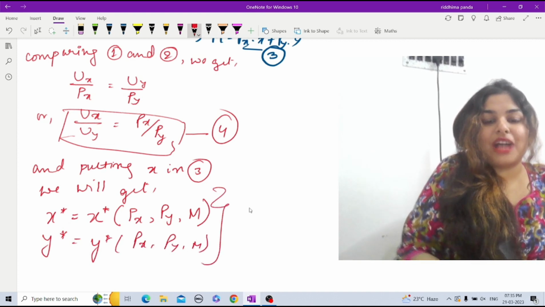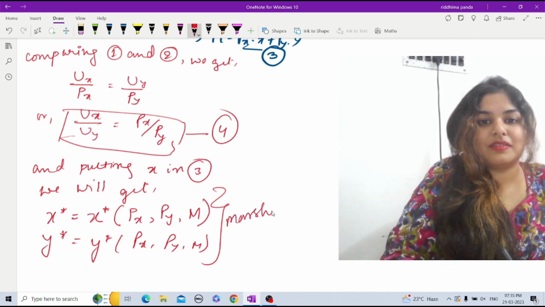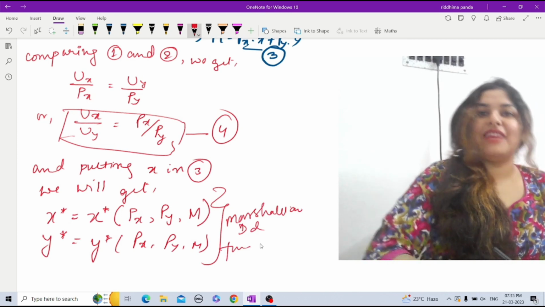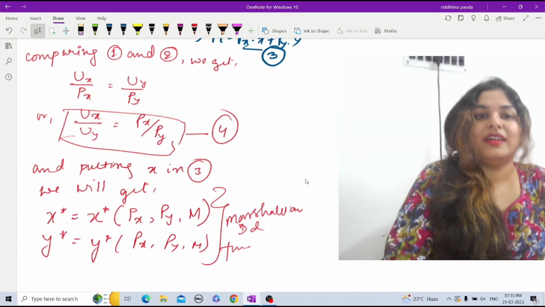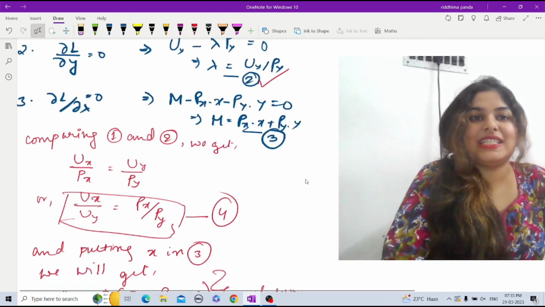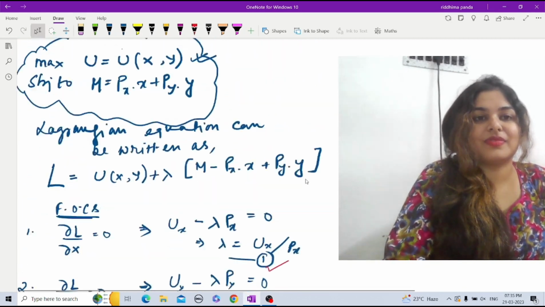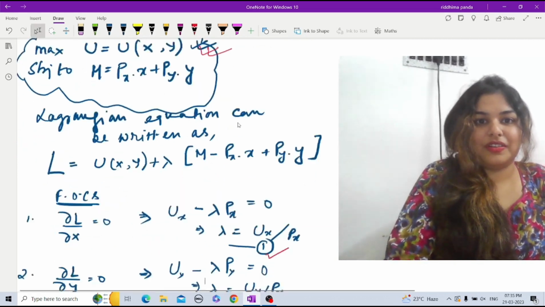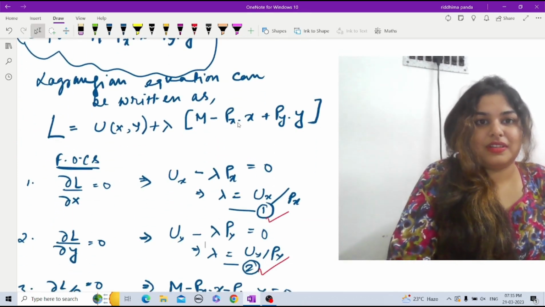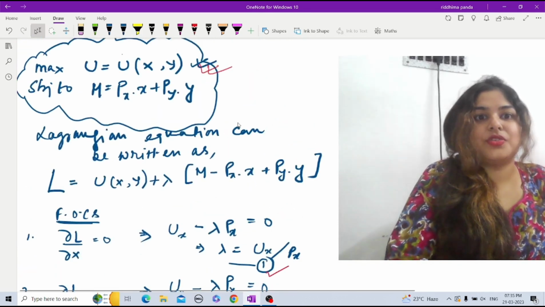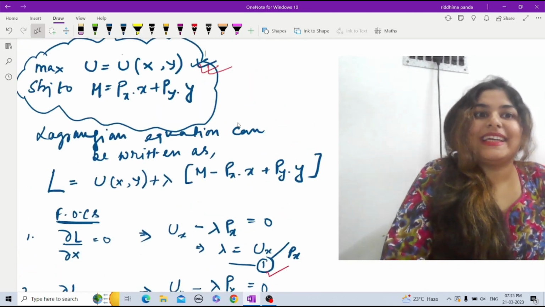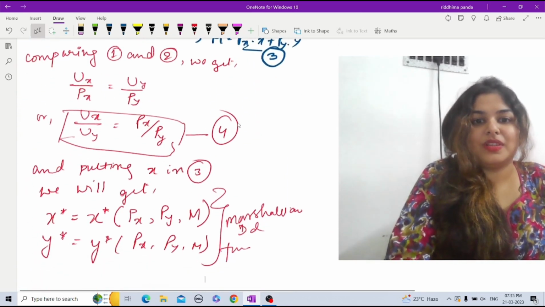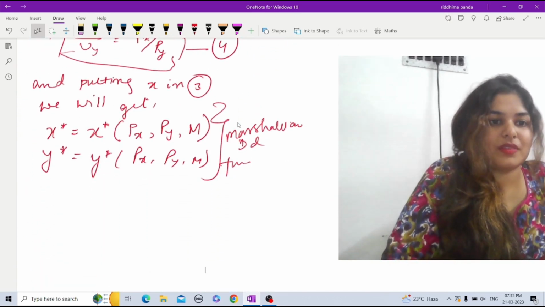So these are the Marshallian demand functions. If I put these values in the objective function, that is the utility function, I will get the indirect utility function. How? So I have what now?